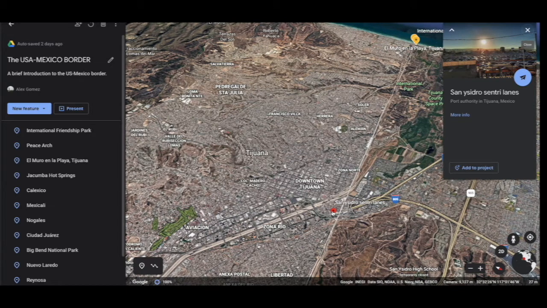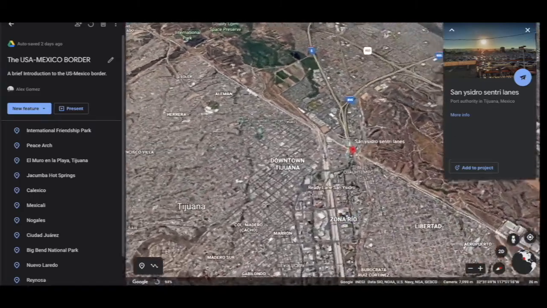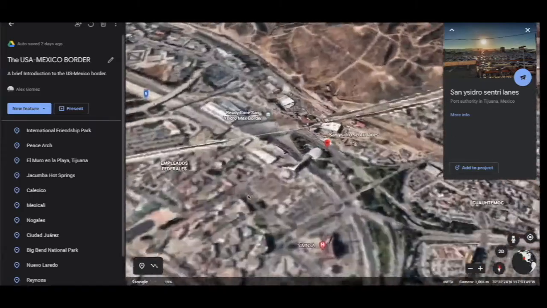If I'm not mistaken, and if I have my numbers right, there's close to 48 million cars that cross every year, and about 70 million people that cross right in this part of the border.